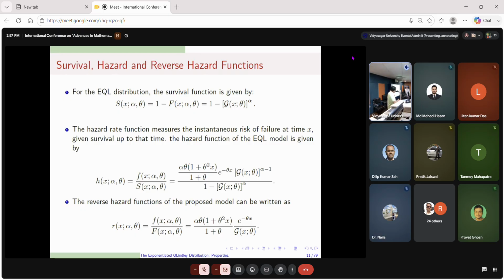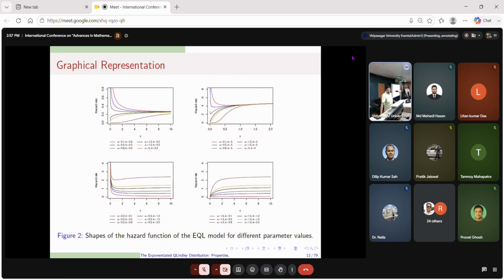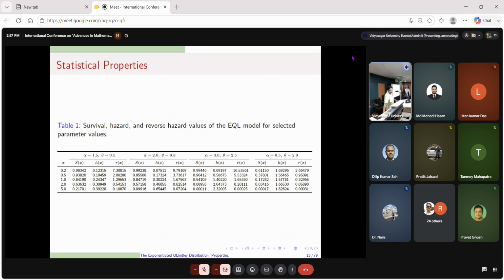And the reverse hazard rate function is the PDF divided by the respective distribution function, and this is its form. These are the graphical representations of the 3 forms: survival function, hazard rate function, and reverse hazard rate function. And these are some values with different choices of parameters, in the tables.